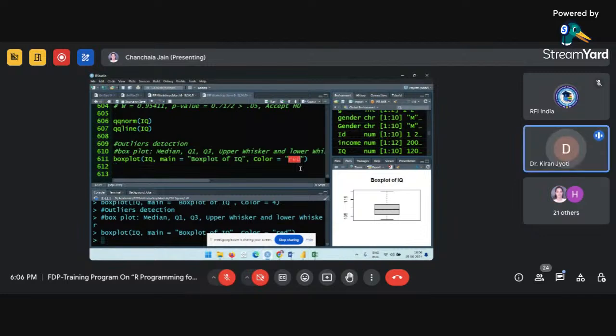No, ma'am, color is not coming. I don't know why it is not coming. We'll need to check what is the problem, because tomorrow also we will be running the box plot. I will try to find the problem. Okay, fine. So now you need to see the interpretation of the box plot. Here you can see the middle line.